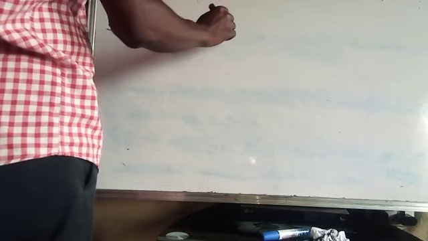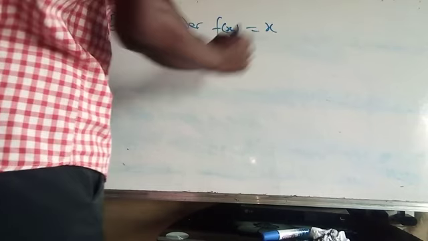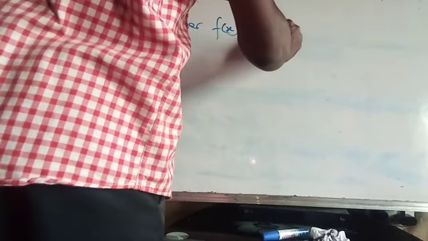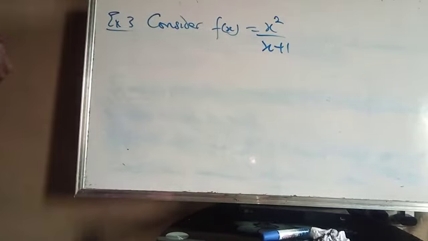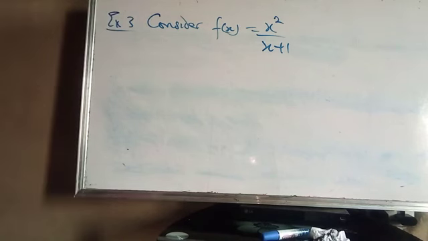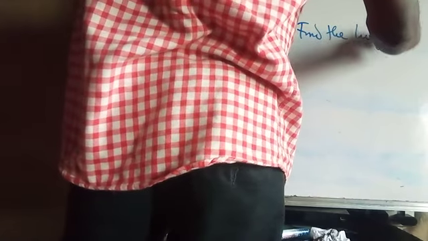Consider f of x equal to x squared all over x plus 1. Find the horizontal asymptotes.